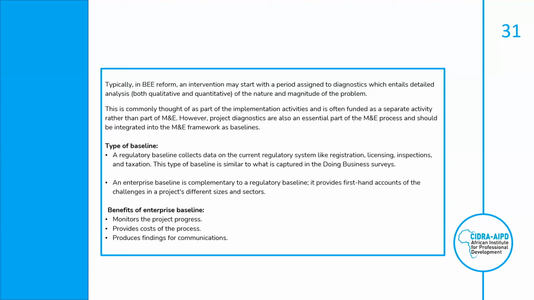It provides first-hand accounts of the challenges in a project's different sizes and sectors. Benefits of enterprise baseline: monitors the project progress, provides cost of the process, produces findings for communication. Stop the video now and discuss with your team which baseline will be implemented in your project.